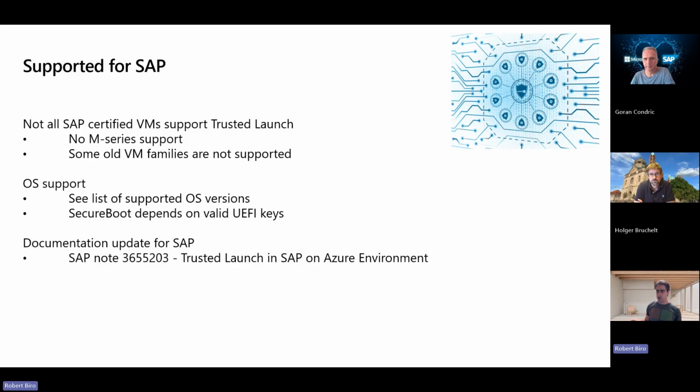And also some other SAP notes, especially the central 1958533, which lists all the VM families, is in the process of getting updated to explicitly state and give customers the confirmation Trusted Launch is fine for SAP. We have supported it in the past, but now it's explicit. It's fully supported for SAP workloads, provided the VM supports it and the OS supports it.